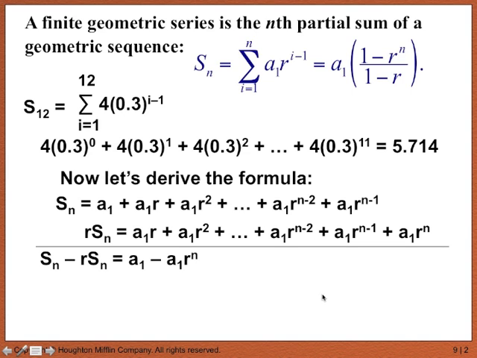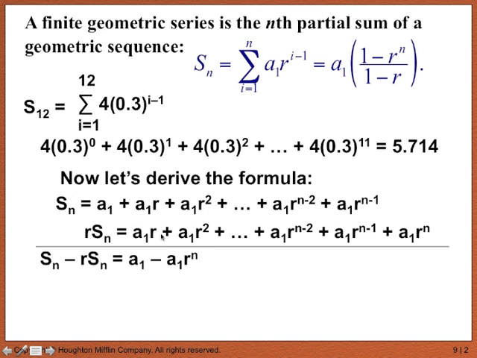We have on the left side S sub n minus r times S sub n. And notice that, just follow the arrow there, S sub n minus r times S sub n, because we're subtracting the second equation from the first. So this would be the left side of the new equation, S sub n minus r S sub n. And then the right side is just everything here on the first line minus everything here on the second line.